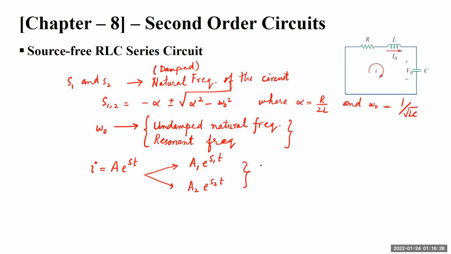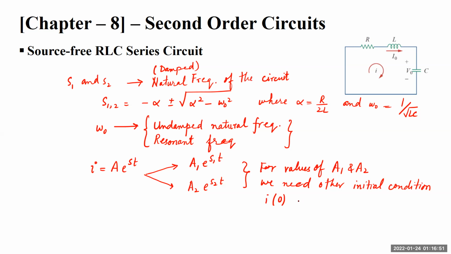And remember, for the values of a1 and a2, we need initial conditions to solve it. Basically, we need two things: i of 0, which we are given, and we also require di by dt. If we have these two initial conditions, we can easily find the values of a1 and a2.